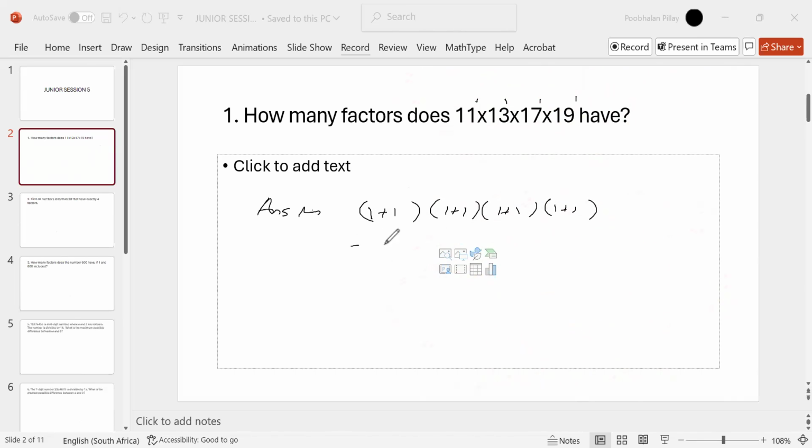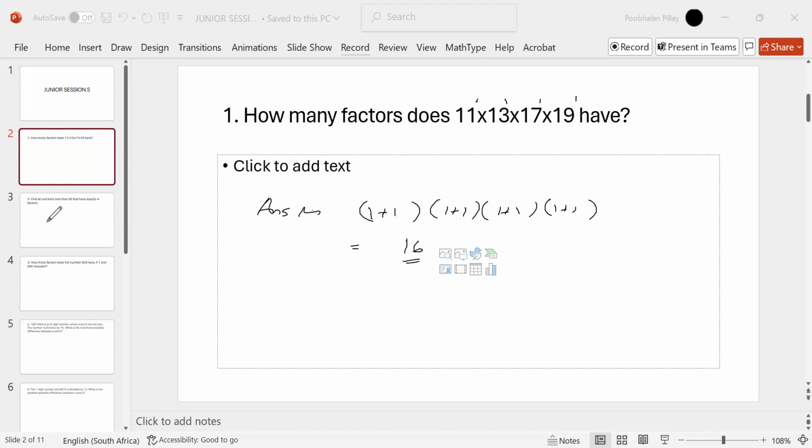So it's 2 times 2 times 2 times 2, which is 16. So this number has 16 factors. You take each of the exponents and increase it by 1, and then multiply the whole lot. That is a quick way of counting the total number of factors of a given number.